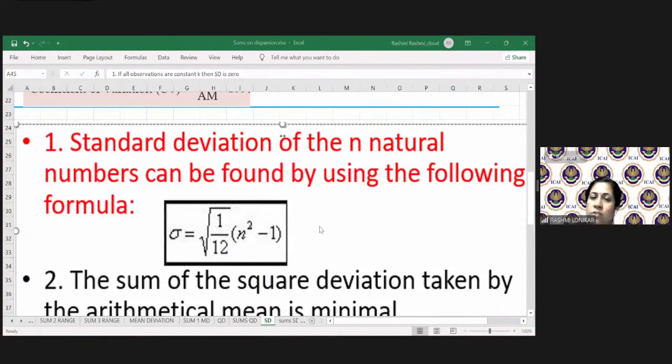So if they ask you to find the standard deviation of n natural numbers, मतलब 10 natural numbers, आपको n की जगह 10 substitute करना है. Instead of n you will write 10 and just find out the answer.